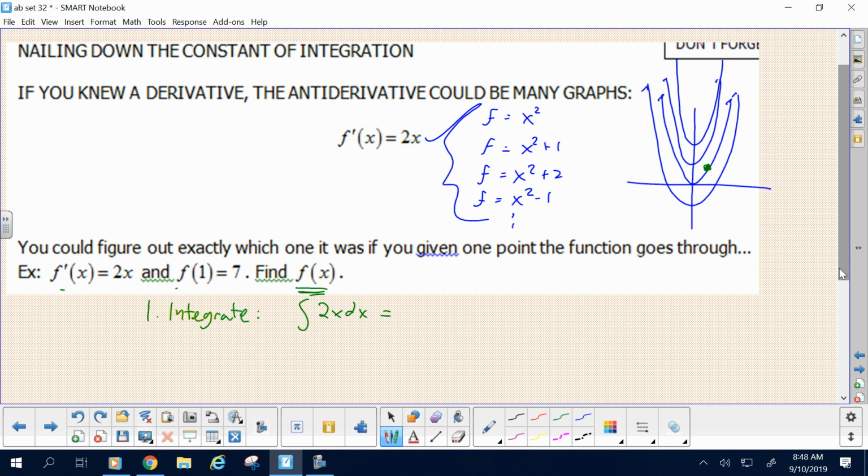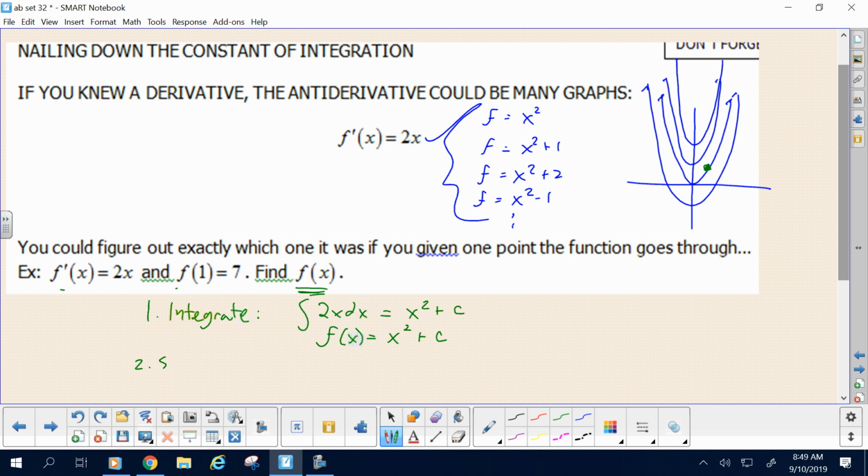There is huge meaning to it, I'll get to. But what is the antiderivative of that? x squared plus c. At that point, we said f must have been x squared plus some constant.